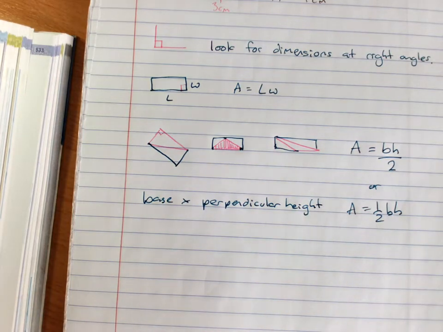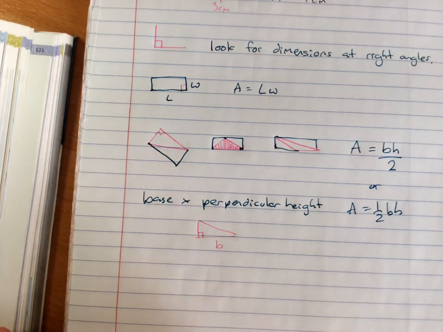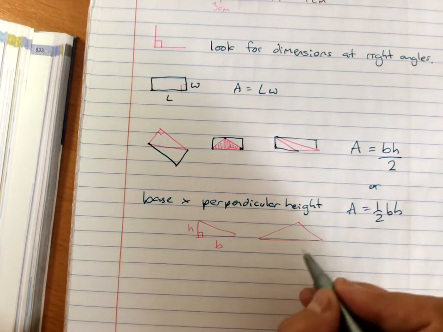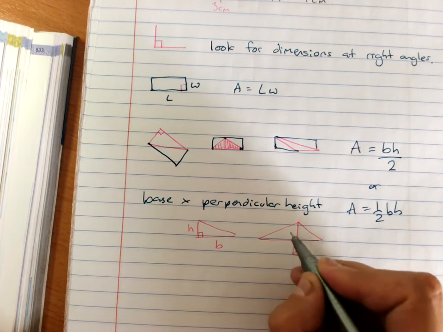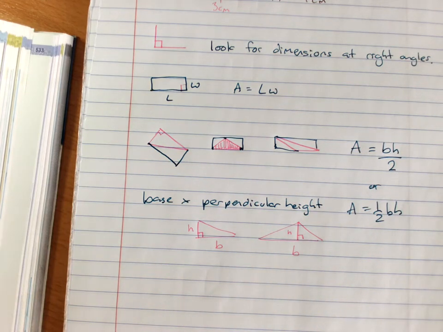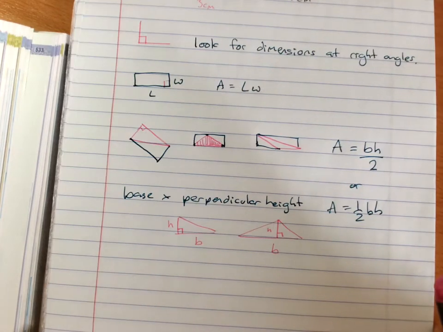That perpendicular height means from the base of my triangle, where's the height that is at right angles? When I'm in the middle there, there's the base, there's the height that is at right angles. You're always looking for the two dimensions in the triangle that are at right angles to each other. The others are there to waste your time and confuse you, or perhaps for other measurements.